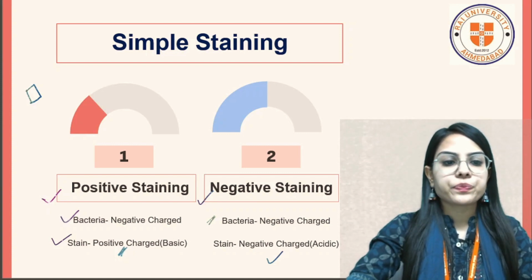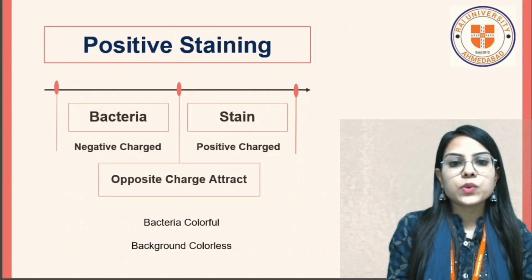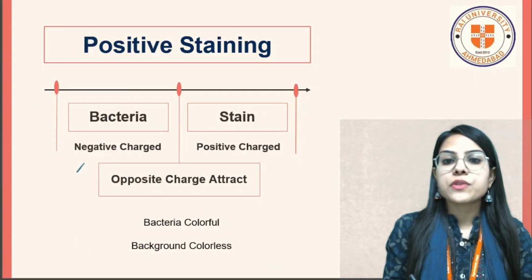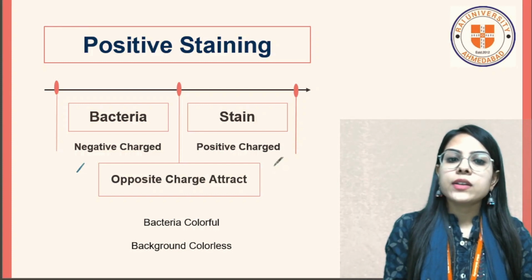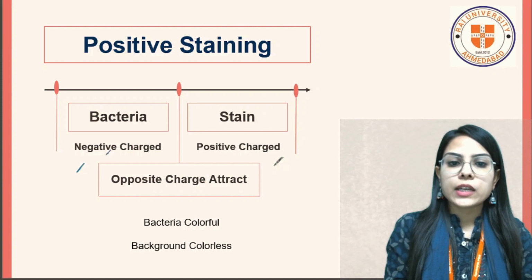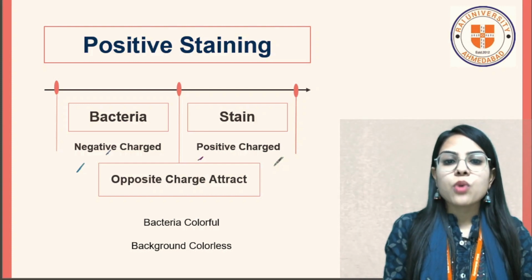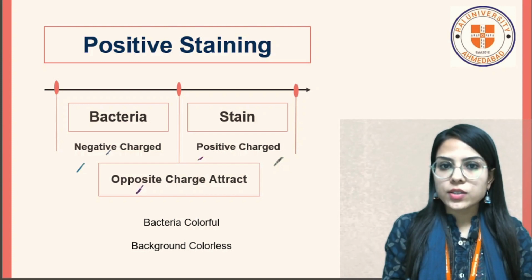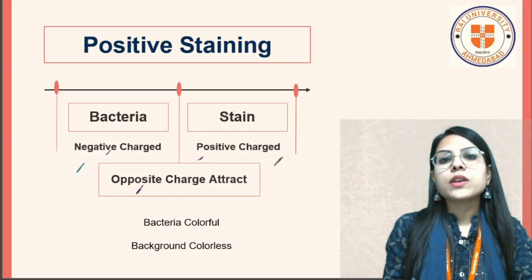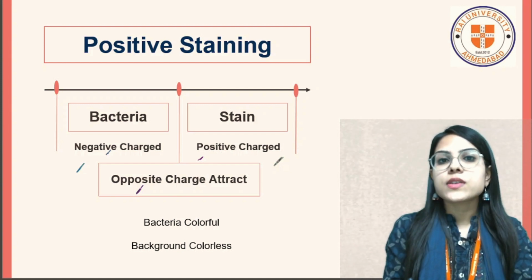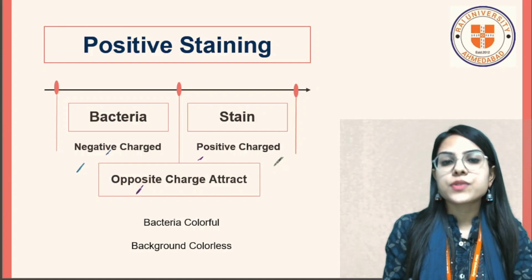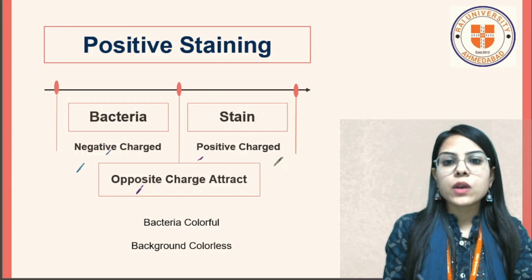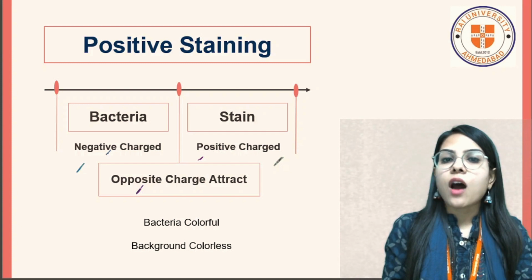So what will happen in the case of positive staining? The bacteria carry a negative charge and you are using a basic stain, meaning a positive charge stain. Two opposite charges, negative and positive, attract each other. So whenever you apply the stain on the surface of the bacteria, they directly absorb the stain into their body because the charge is opposite.